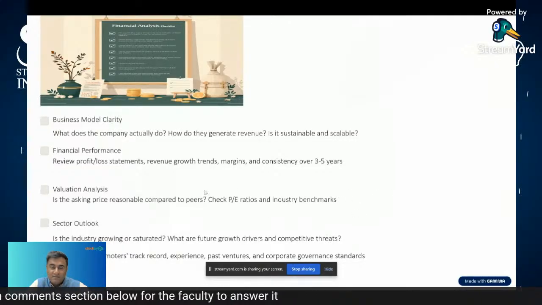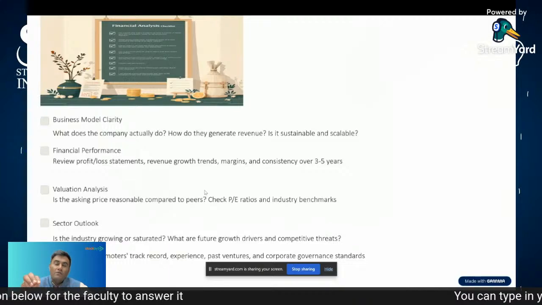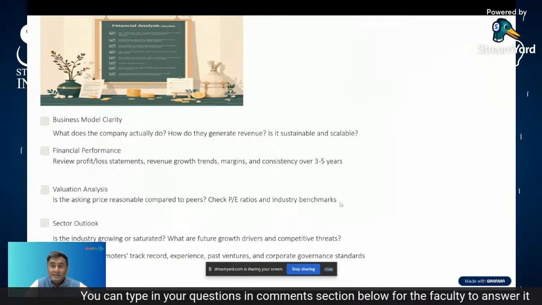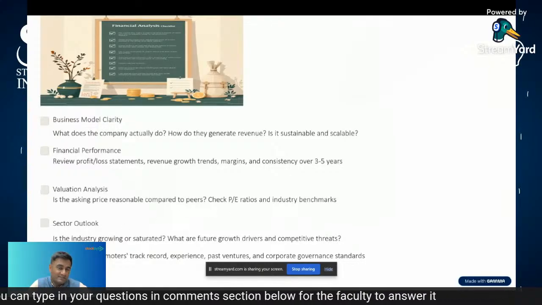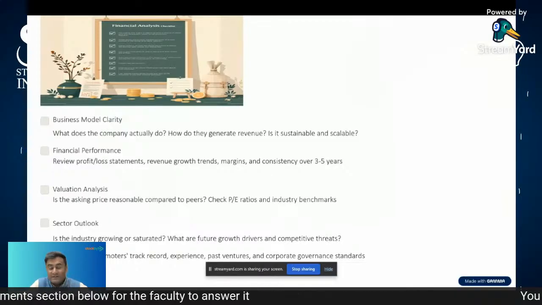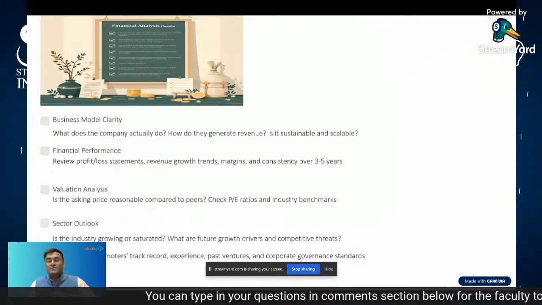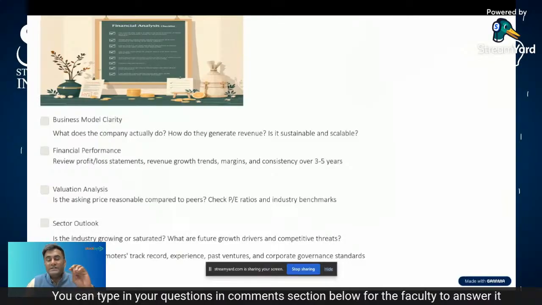This is where many of the analysts or many of the traders go wrong: while comparing, they just justify their own decision rather than taking the decision after comparing. People just make up their minds first that I am going to buy this. Now I will just keep searching for positives about this company.